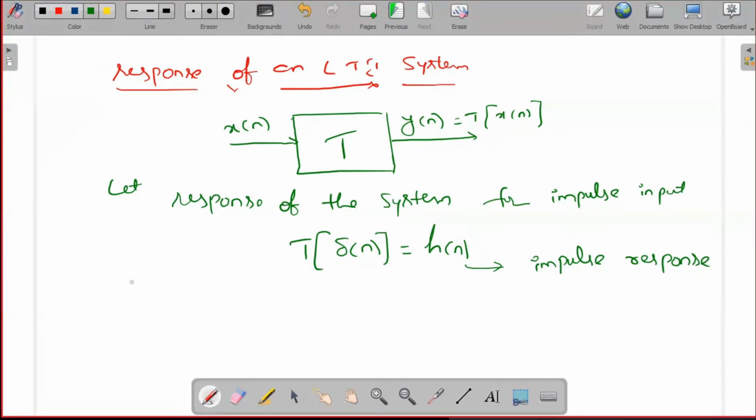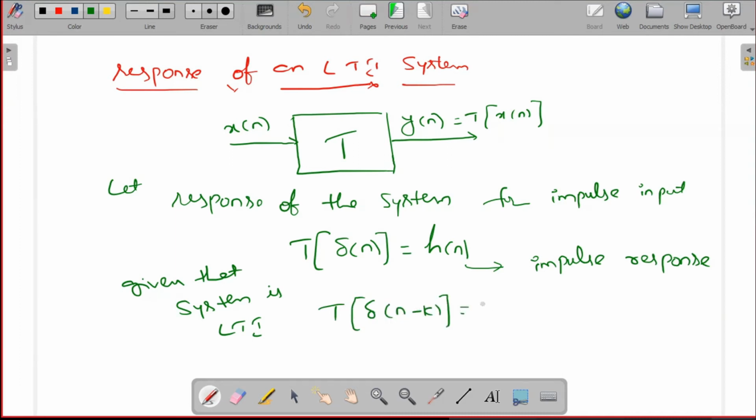Now, given that the system is an LTI, time invariant system, can you give this value? T of del of n minus k is nothing but the response of the system for delayed input. What is the time invariant property? Response of the system for delayed input is equal to delayed response. So which is equal to h of n minus k.